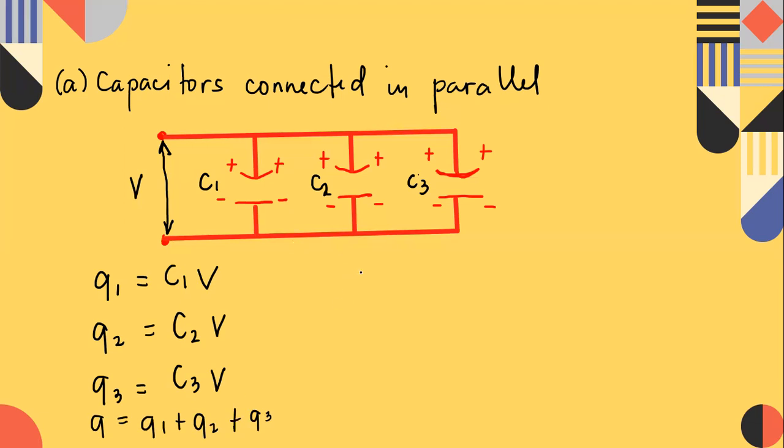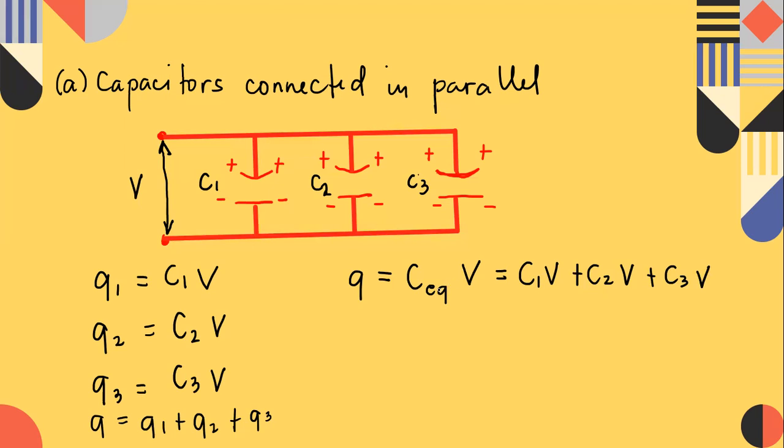Hence, our Q, the charge, is equal to the equivalent capacitance times the voltage, or that is equal to C1V plus C2V plus C3V.